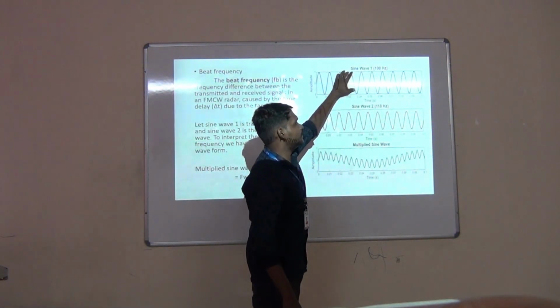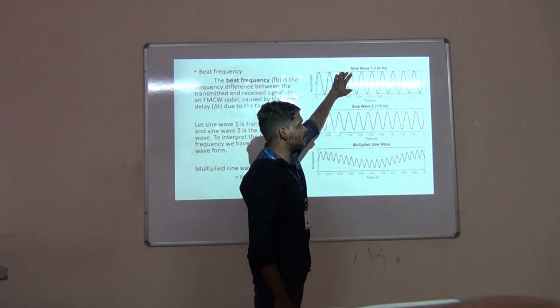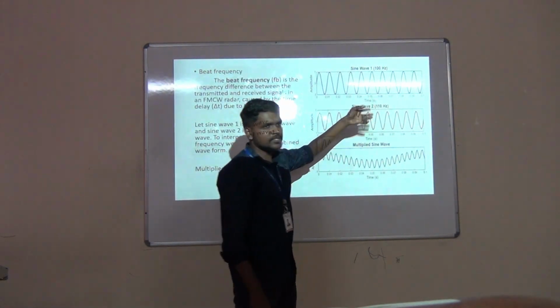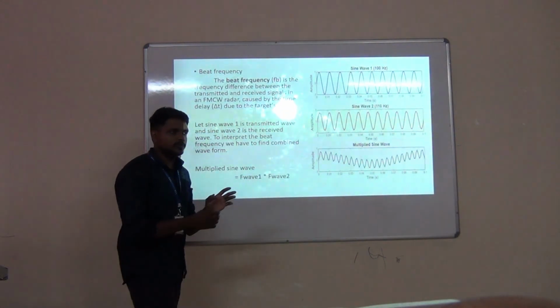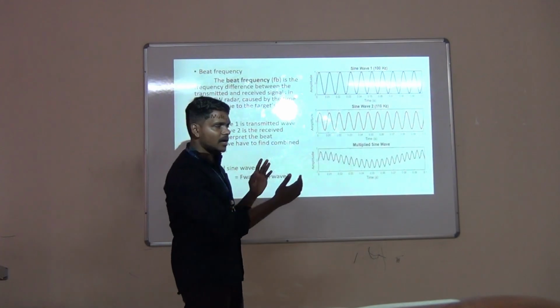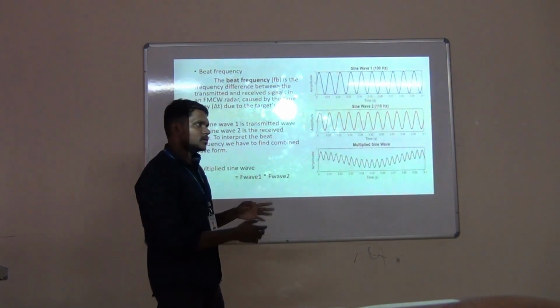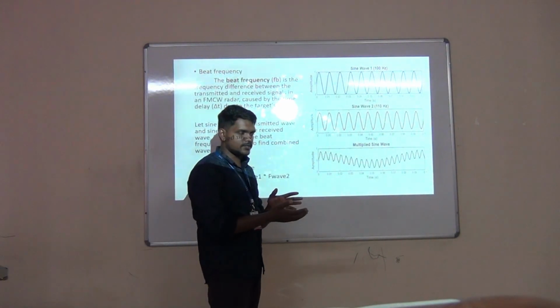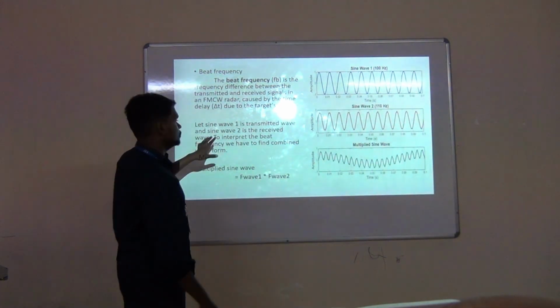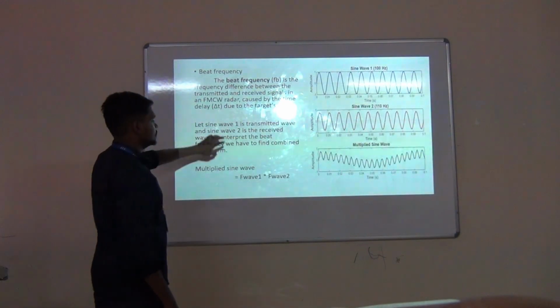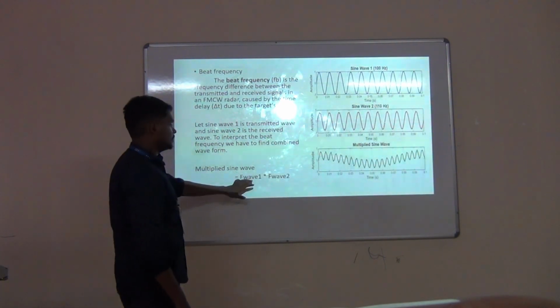If I overlap this sine wave with another sine wave, then the difference will be very small. Even if you put it in an enlarged, magnified form, the difference will be very small. So to calculate the difference, we will use this beat frequency in a multiplied sine wave form.